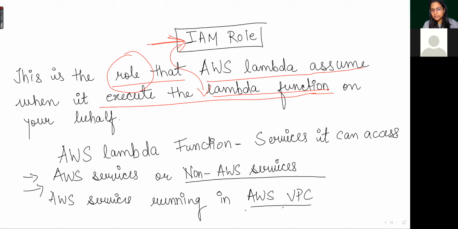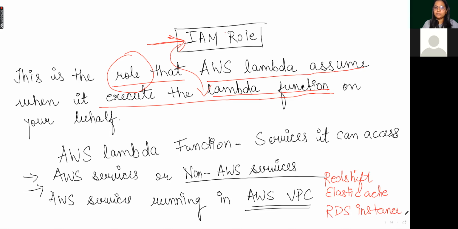So all the services that are specifically running in an AWS VPC, for example Redshift, ElastiCache, RDS instance. All these things you can include inside the Lambda function.